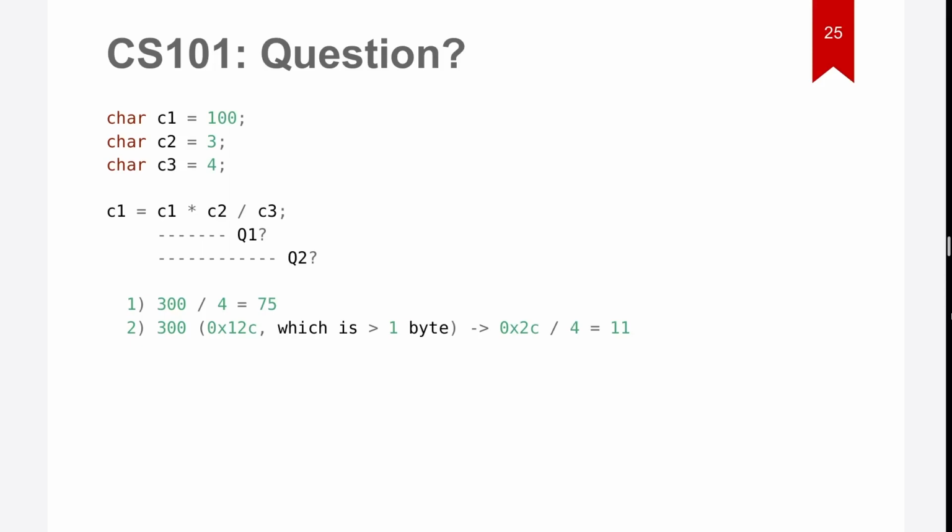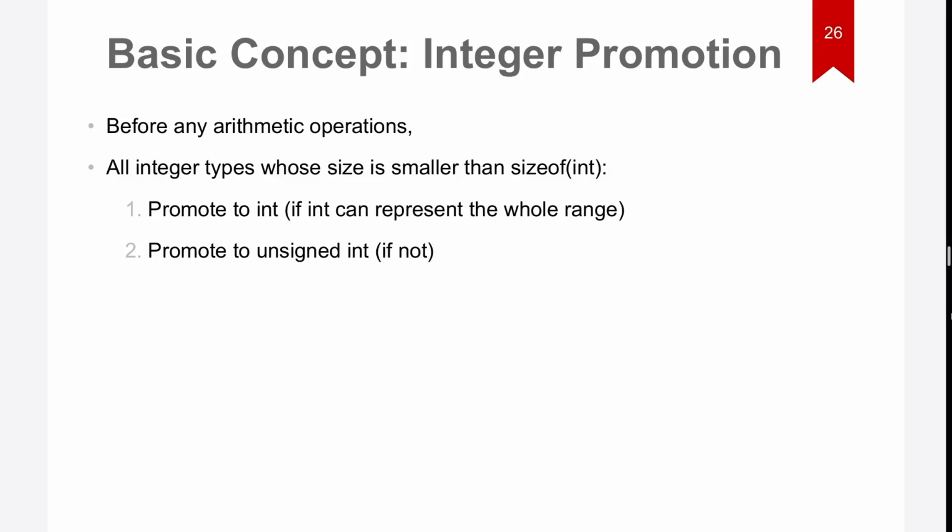Since the compiler in this case does something that is called integer promotion, and it promotes before any arithmetic operations, all integer types that are smaller than the size of an int are promoted to int if the integer can represent the whole range of that type.